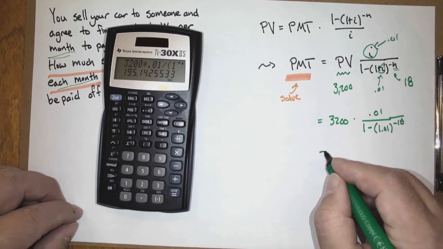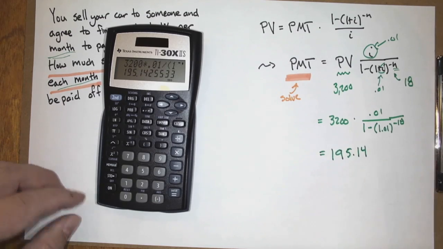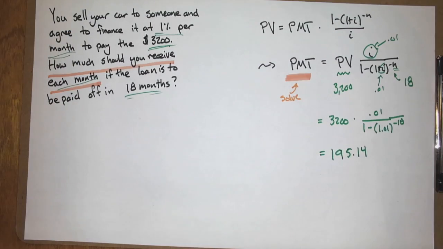And we get $195. We'll round to the nearest cents. So $195.14. Now, technically, the last payment will probably be like $195.10 or something, or $195.20. That often happens on loans. All right, is it reasonable?